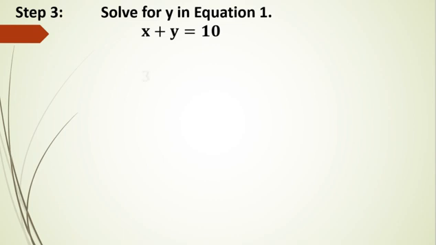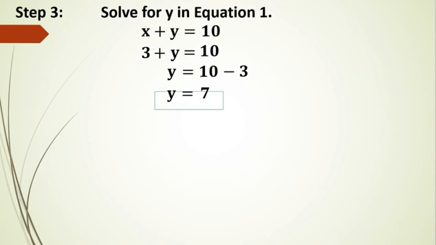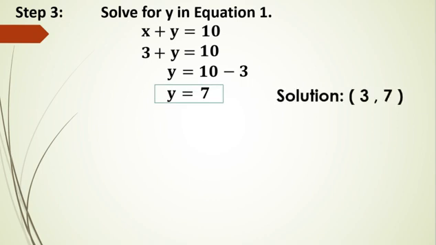So we have 3 plus y equals 10. Transpose 3 to the other side, we will have y equals 10 minus 3. Simplify. Y equals 7. So our solution is ordered pair 3, 7.